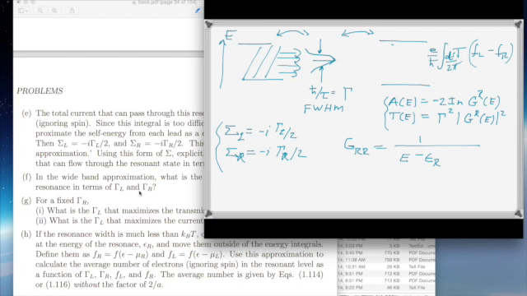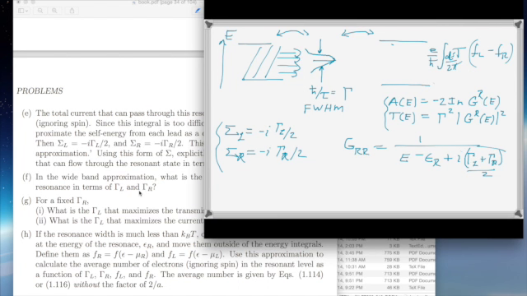I just kept the imaginary part, so this will just become plus i times gamma left plus gamma right over 2.